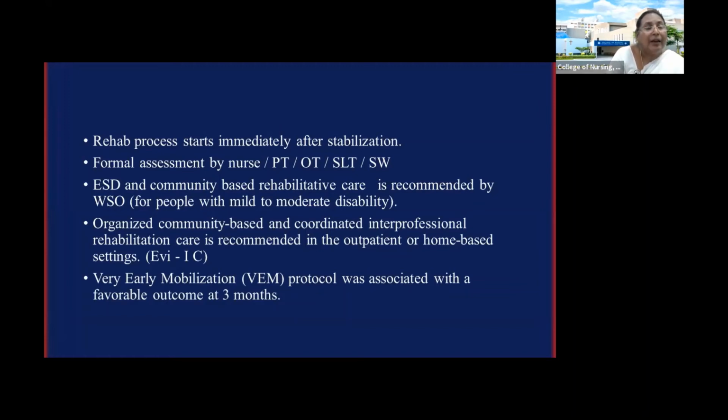They say after 24 to 48 hours. From 24 hours to 48 hours, you can mobilize the patient after stroke. If the patient had RTPA, or did not have RTPA and was just given an anticoagulant, whatever it is, we can start doing this. We have not done this in our hospital, but soon we may start doing this.